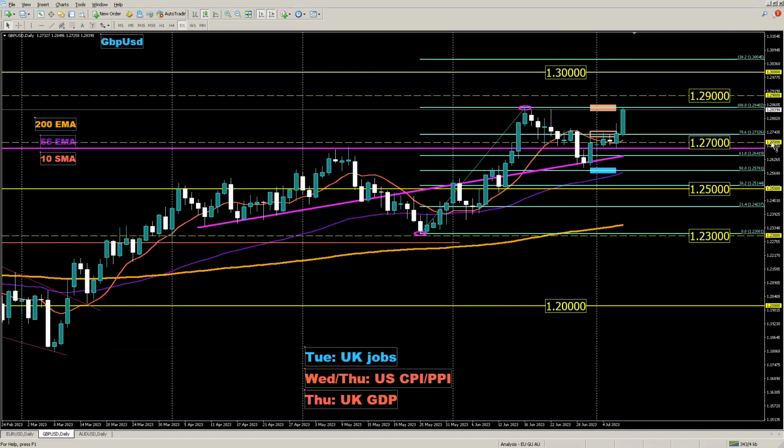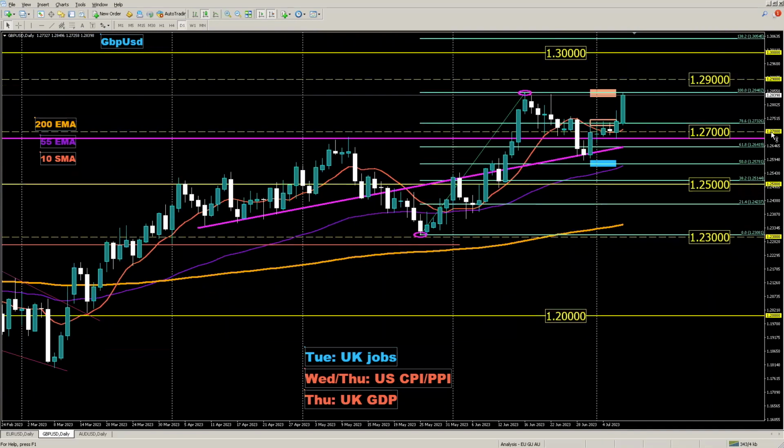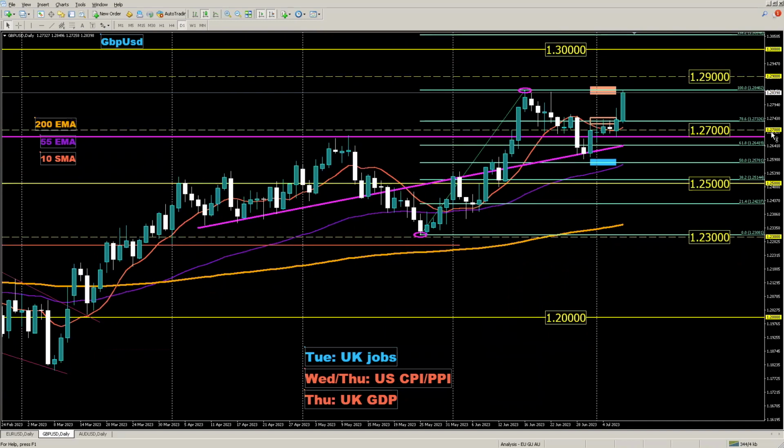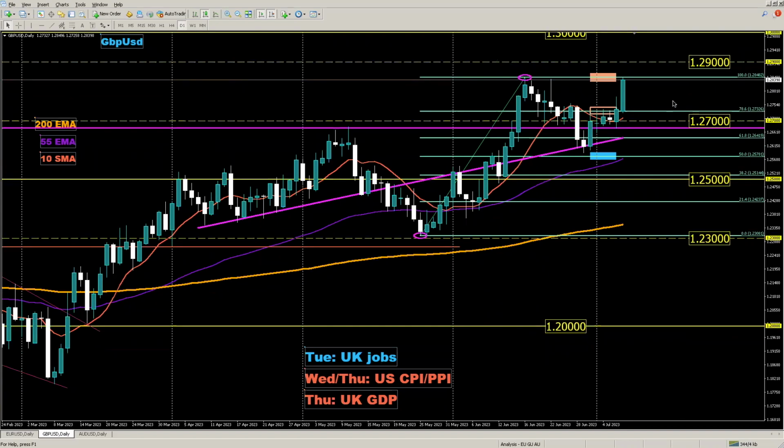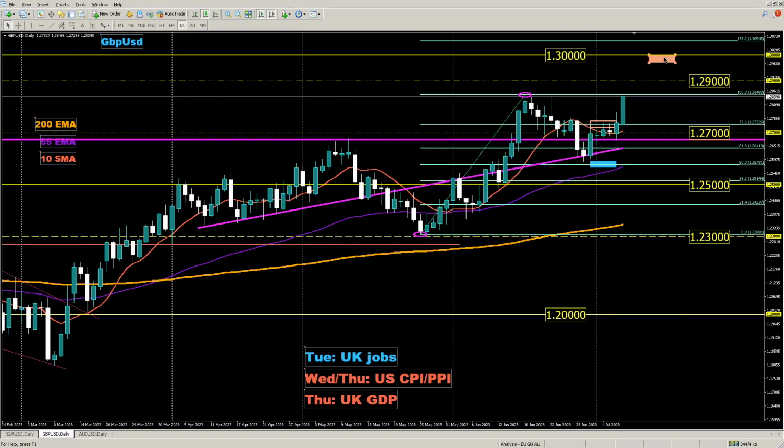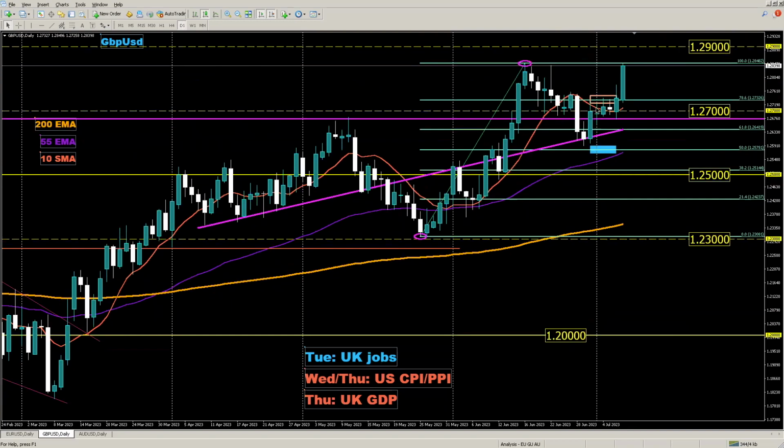And if it continues higher, it looks like potentially there could be a test of 129. The upside will be a critical one at the 130 round figure. It's a big round figure here. Let's move this intermediate resistance to the 129.